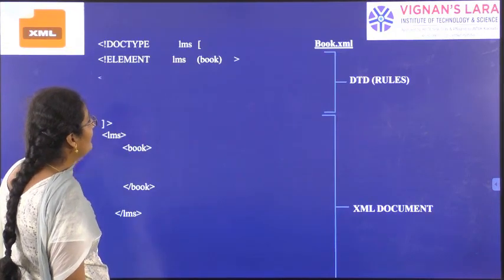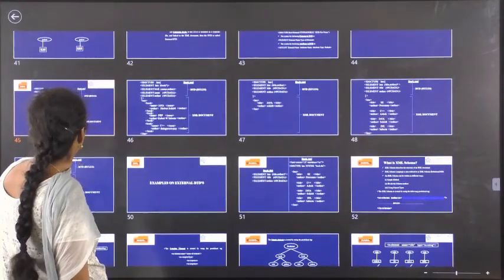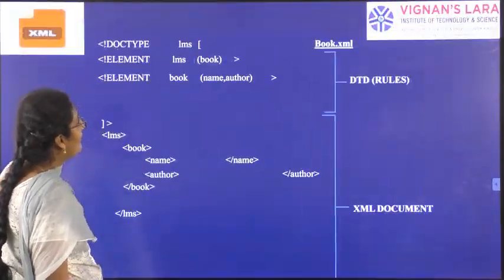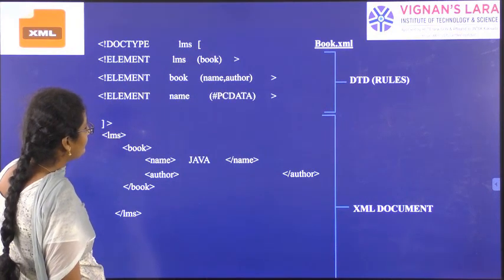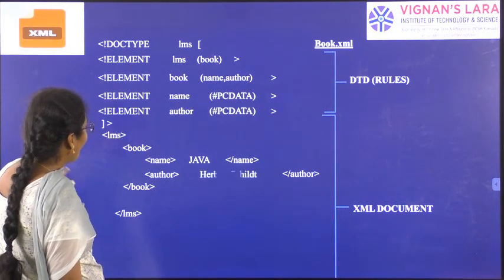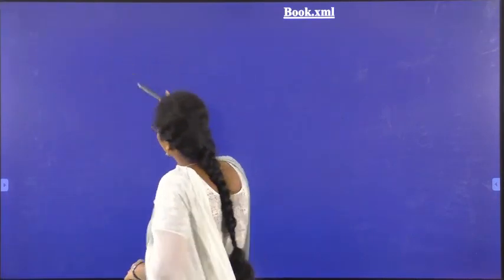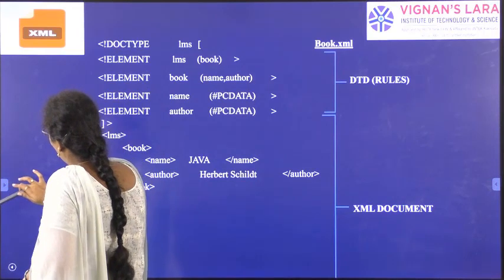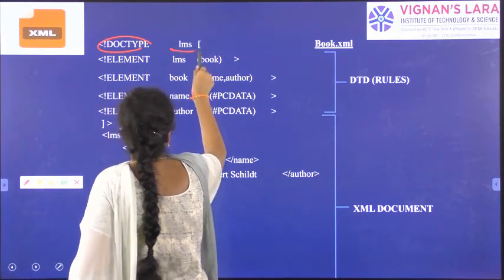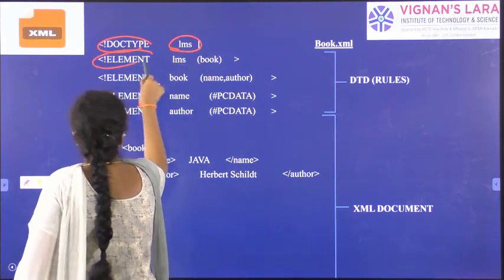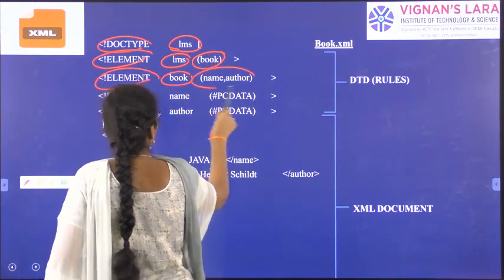Now let us see an example for internal DTD. As I already told you, internal DTD means we should have the DTD in the XML file. So document type, library management system, element library management system book, element book name and author.